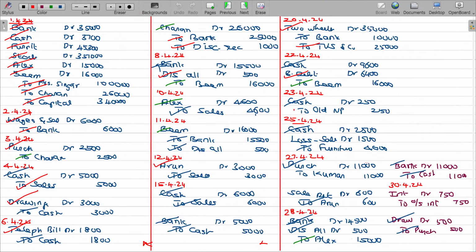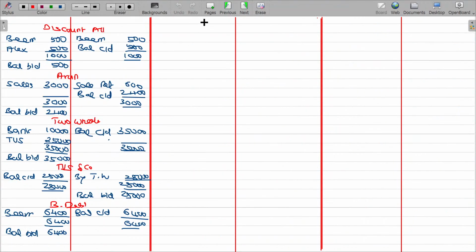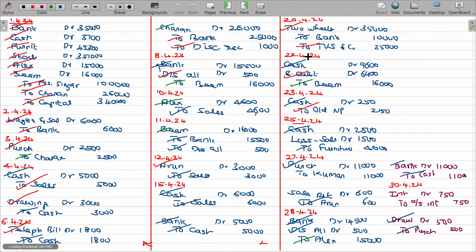Then we have old newspaper. By cash 250. Balance carried on. Balance brought down. Clear?